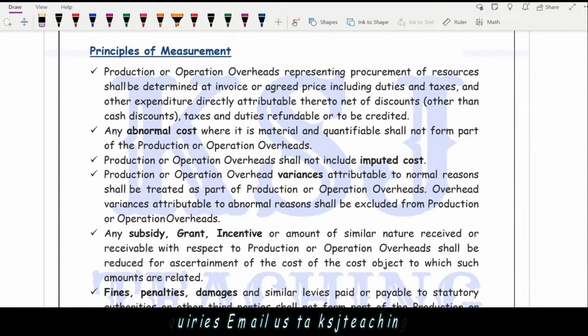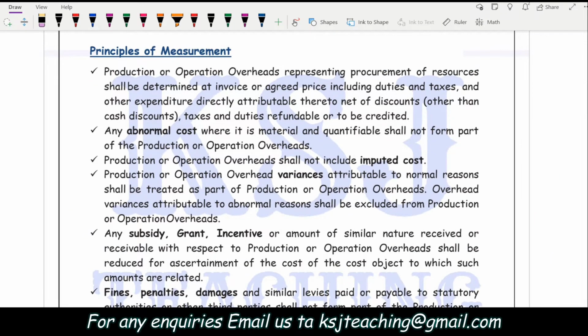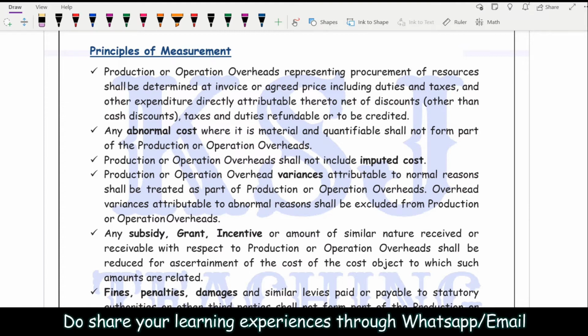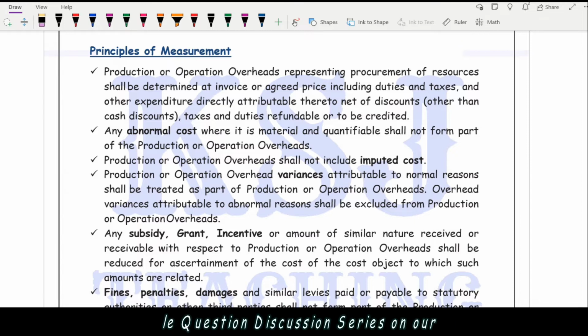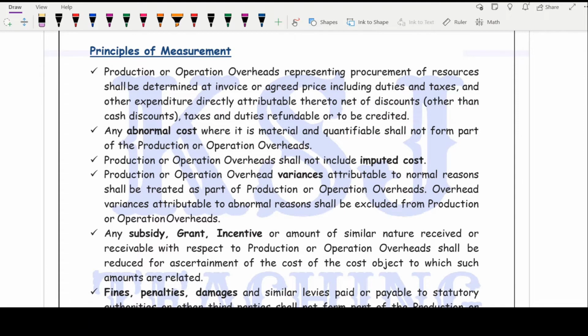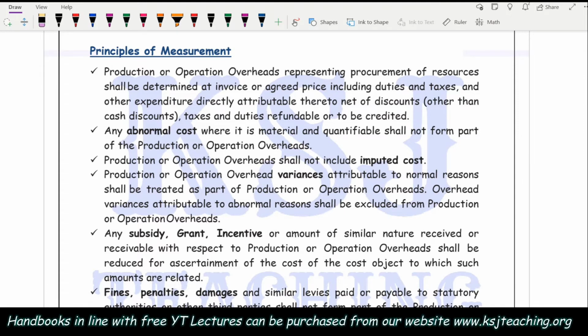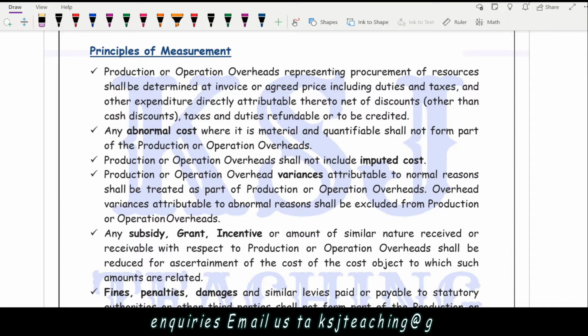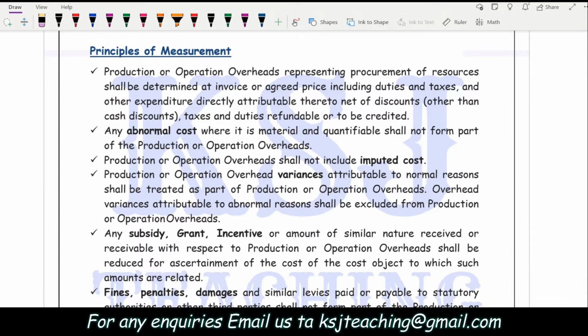Now, the principles of measurement tell us how we have to deal with the various items while calculating the factory overheads, right? If there is an abnormal cost, then how to deal with it. If there is a normal cost, then how to deal with it. So these principles tell us about the various items which directly might not be production overheads, but they are related to production overheads.